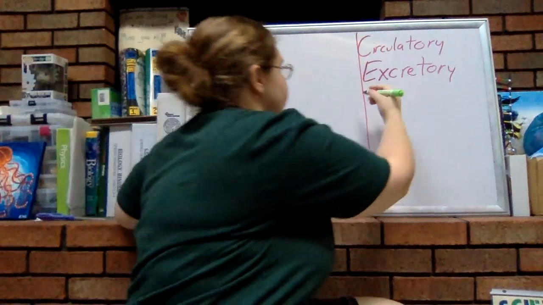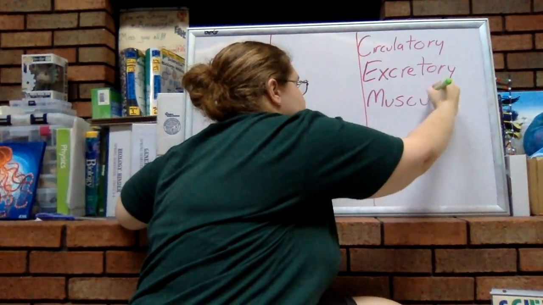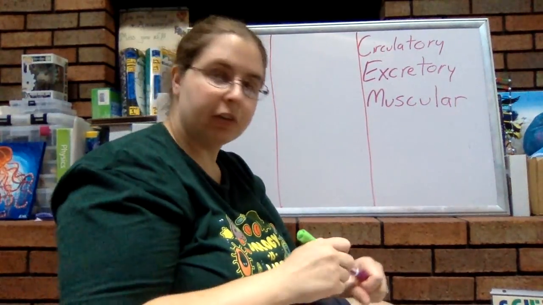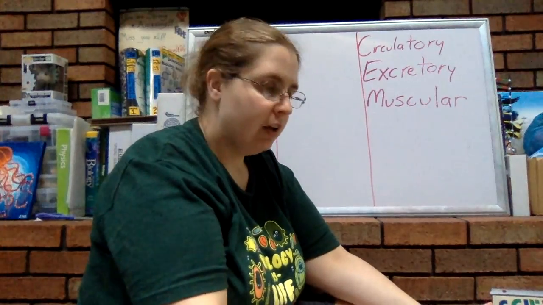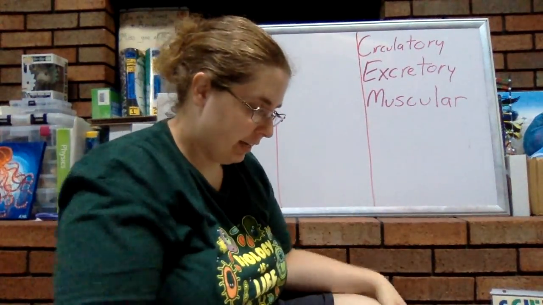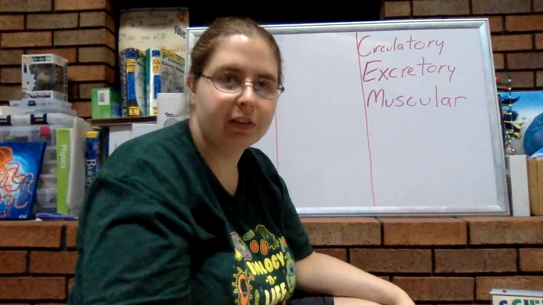Muscular system. So the muscular system is exactly what you think it is. It's your muscles. So the muscles that allow your arms to move, that connect to your legs, or your bones in your legs.